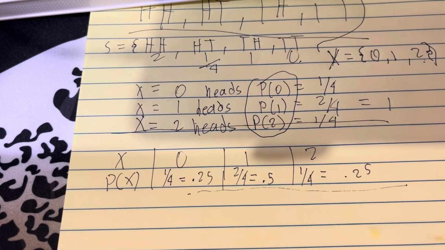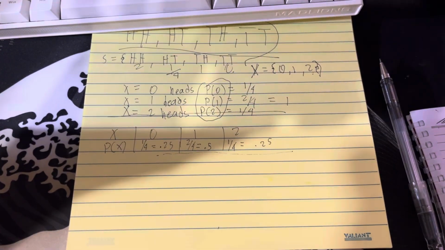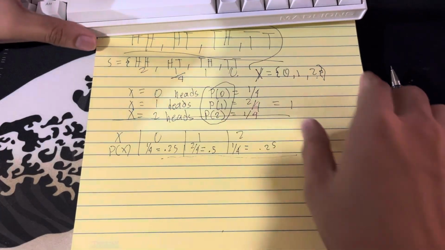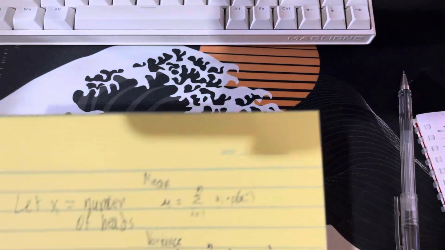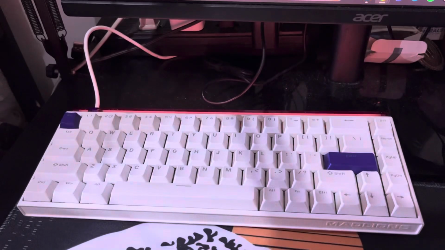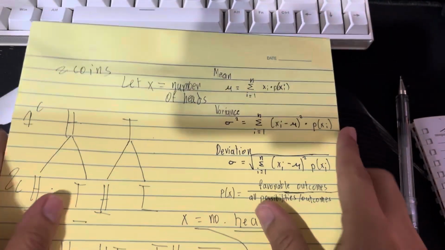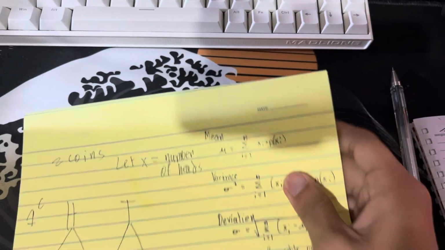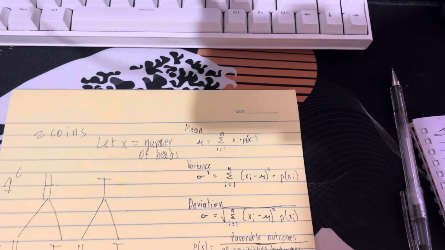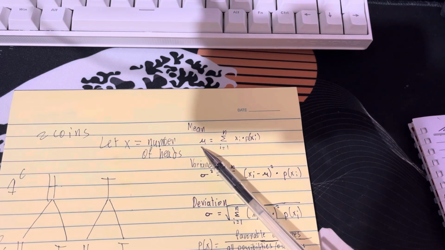Next, we're going to find the mean. How do we find the mean? As you can see right here, the formula for the mean is this sign, which is, I believe, mu.